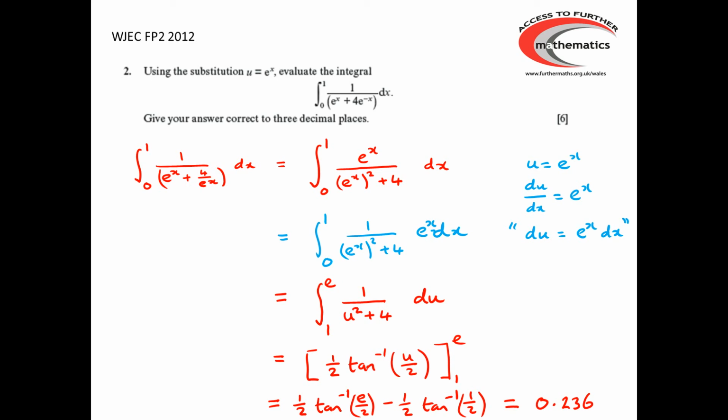So the marking of this, there were 4 marks for taking the original integral and obtaining the integral from 1 to e of 1 over u squared plus 4 du, and then 2 answer marks for evaluating that integral.